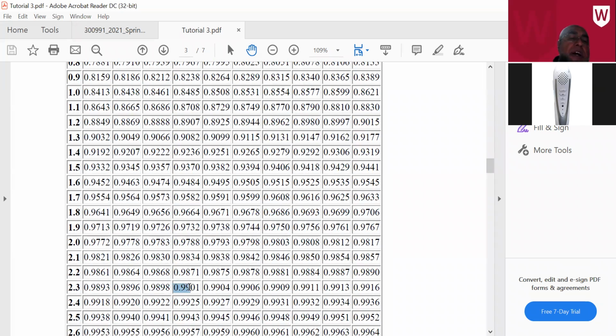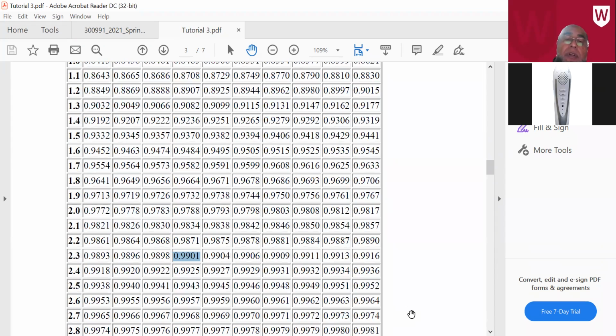And at this point here, for an F value of 0.9901, our Z value is 2.33. So we have to do an interpolation between these two to find out the Z value for 0.99. I'm sure you can do the interpolation.